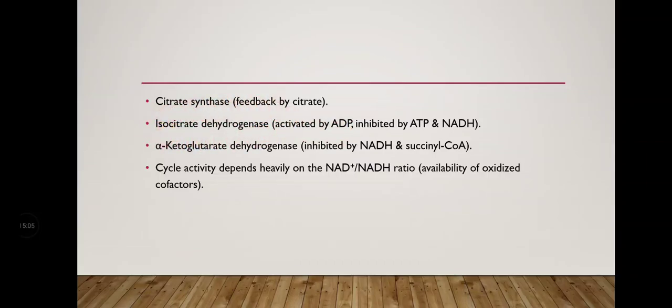At the same time, alpha-ketoglutarate dehydrogenase is inhibited by NADH and succinyl-CoA. And this cycle depends heavily on the ratio of NAD plus to NADH, the availability of oxidized cofactors. If you can see, the regulatory points are dependent on NADH and NAD plus. Hence why we're saying this cycle depends largely on NAD plus and NADH.